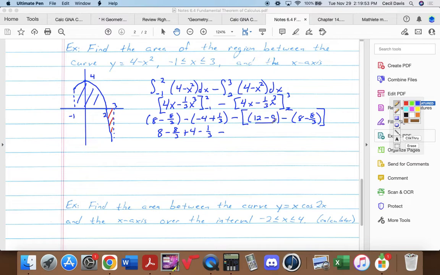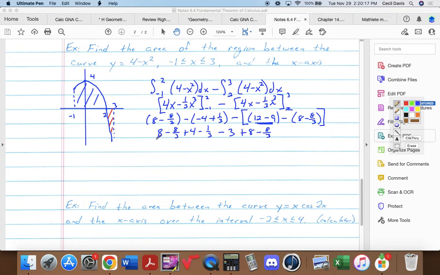minus, I'm going to go ahead and do this. The 12 minus 9, that's 3. That's pretty easy. It's going to be minus a -8, so that's going to be plus 8. And minus a negative 8/3, that's going to be minus 8/3. Right? There's a minus, minus, minus.